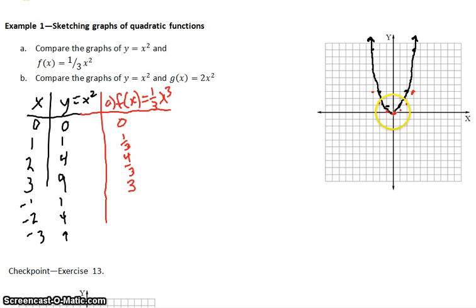And I'm going to draw this curve as well. You can see here, this curve is not as steep as the other one. So this 1/3 makes this a vertical shrink of the original one. It makes it a little smaller from a vertical standpoint.